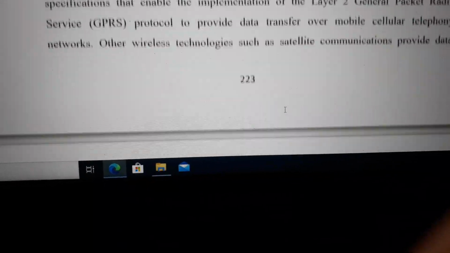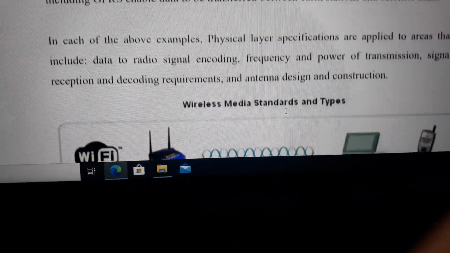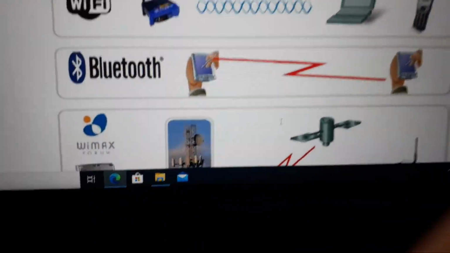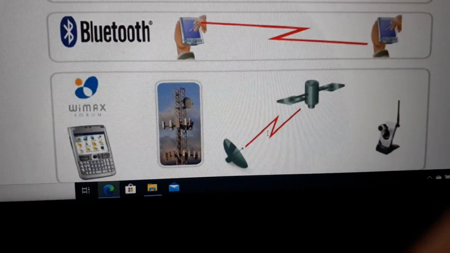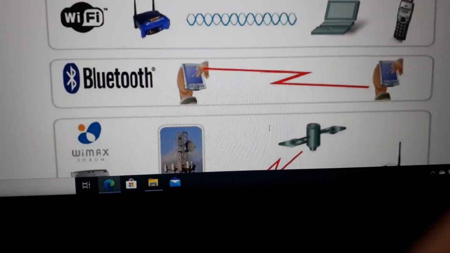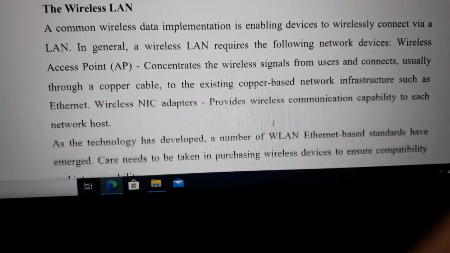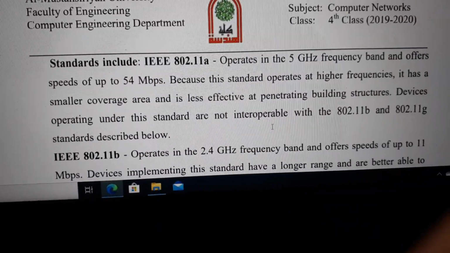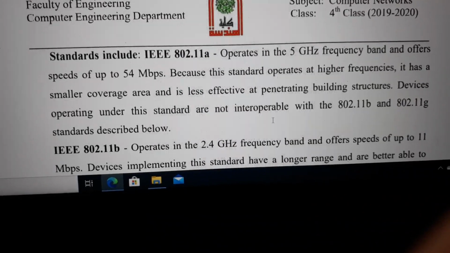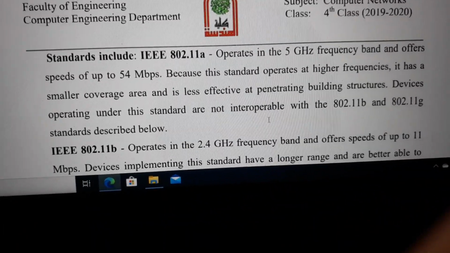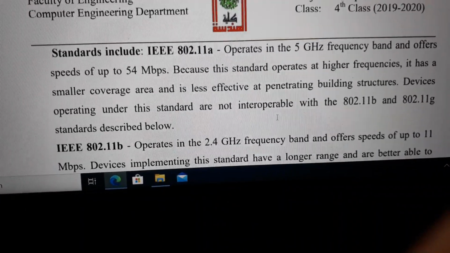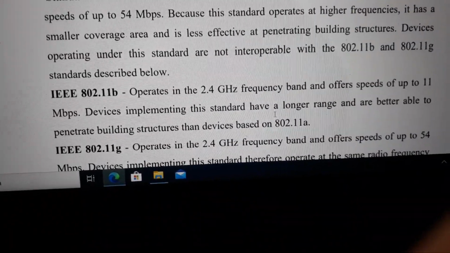Here the types of wireless. Here the figures of them: Wi-Fi, Bluetooth, WiMAX. Also here we have the characteristics in terms of speeds for each type of wireless. We can see here.